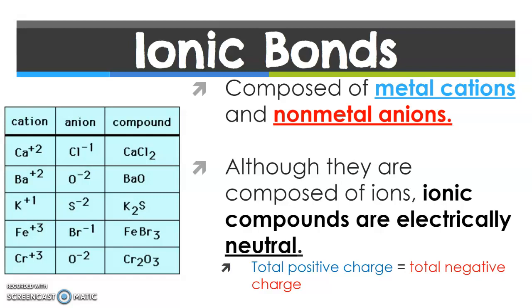So we know in a neutral atom that the positive protons and the electrons equal out the charges. In an ionic bond, the charges of those elements are going to equal each other out, and overall it is going to be neutral. And then these are just some examples of these ionic bonds that you guys are going to get familiar with over this unit.